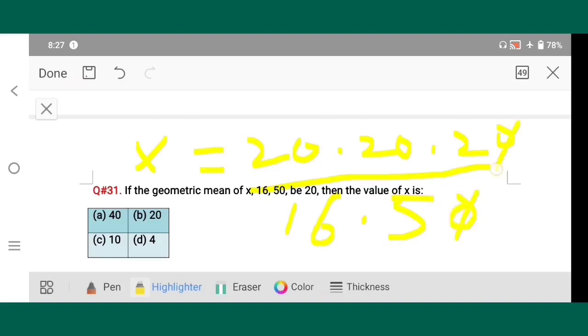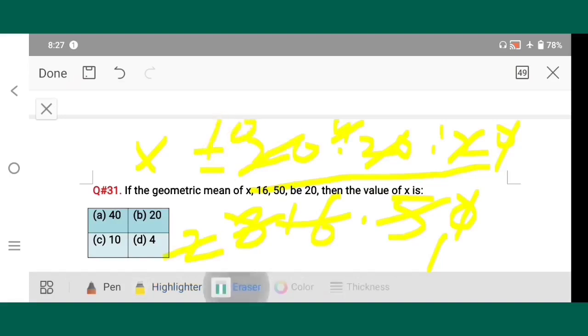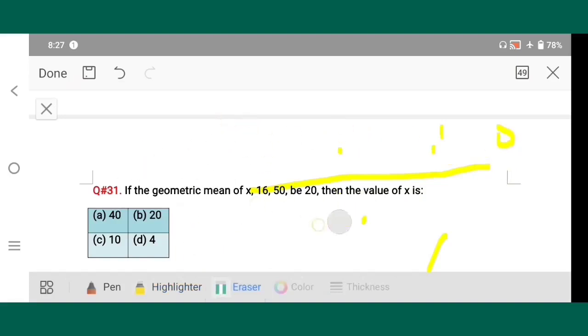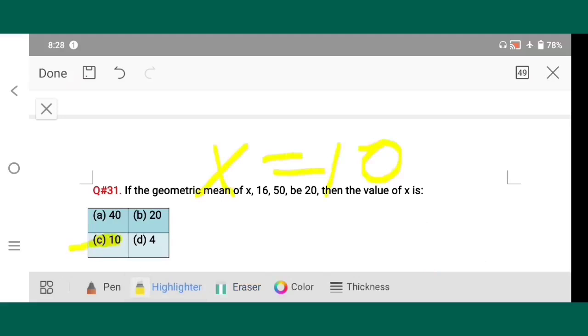So the zeros will be cancelled, so 8, 4, 2, 10. Here x is equal to 10. So the correct option is 10.